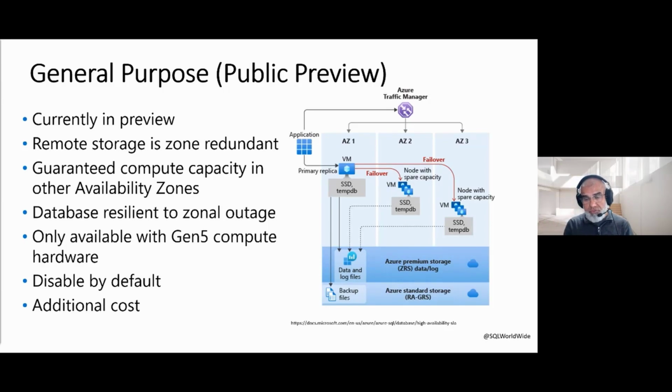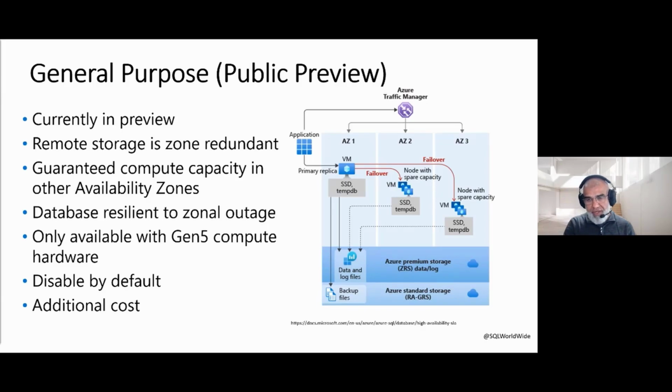And you have the same VM capacity, one data and log file, but your TempDB is attached to your compute. So say I'm in AZ1 and it goes down, the service fabric recognizes that there are some issues. It will automatically move you to AZ2 or AZ3, depending on where they have extra capacity.